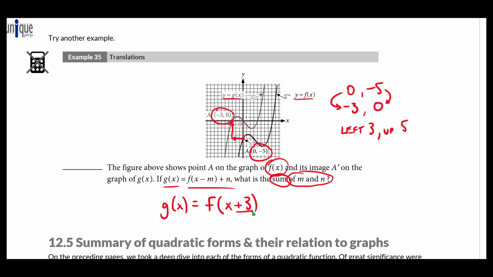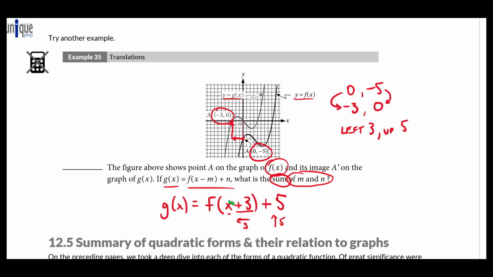And then if we want to shift the graph of f of x up 5, we have to add 5 to f of x. So in order to get all of the points on f of x to shift left 3 and up 5 to get to g of x, we have to add a 3 to the x in the f of x function. That will shift left 3. And we have to add a 5, that will shift up 5.